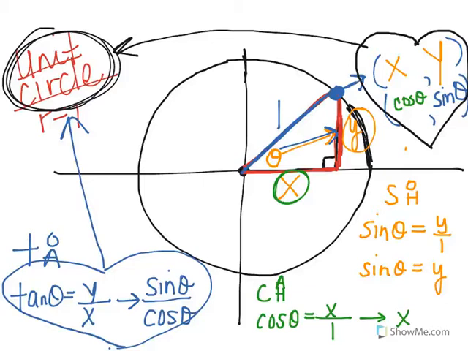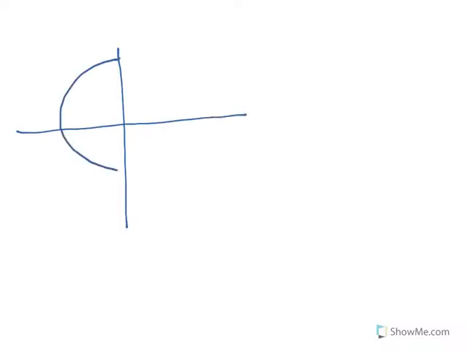So we're going to try to put everything together now. And we're going to make another unit circle. And we're going to go back to much of the labeling that we did earlier.